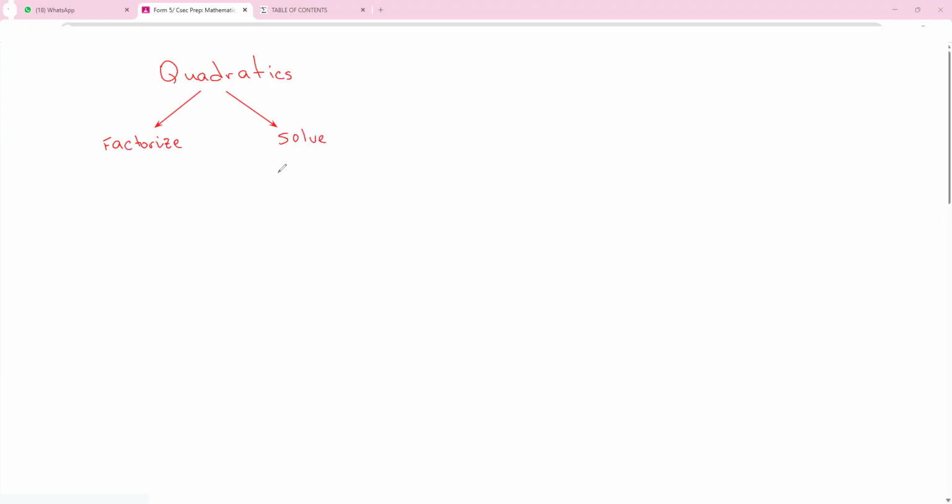Now, in solving a quadratic, in order to get the roots of the equation of a quadratic, it's going to be either we factorize. If we don't factorize, we may use the equation or the formula, so we call it the quadratic formula.